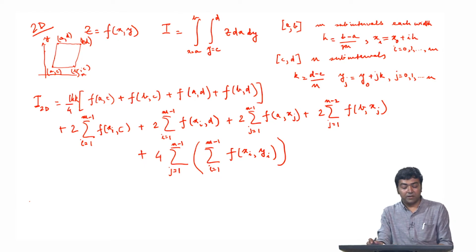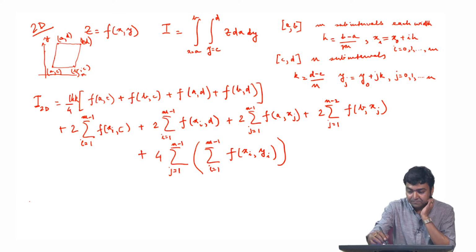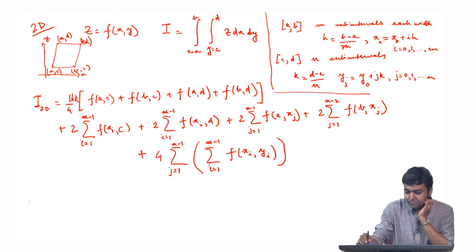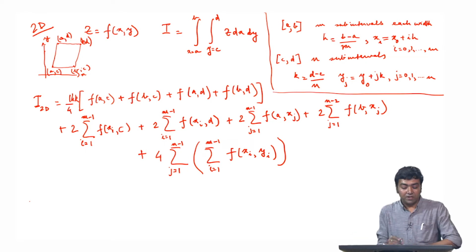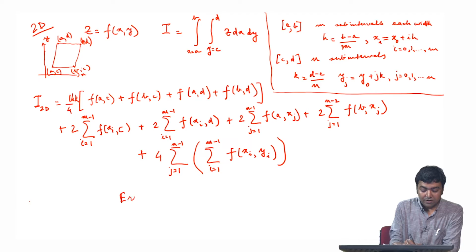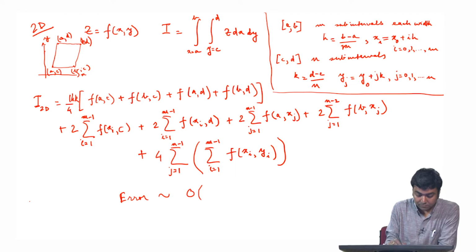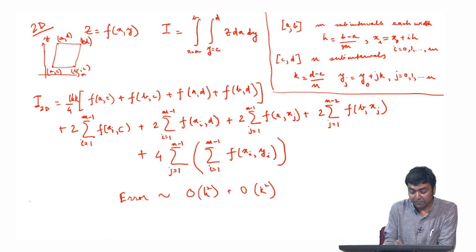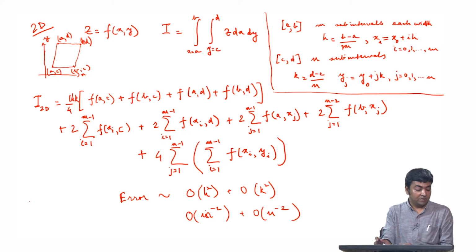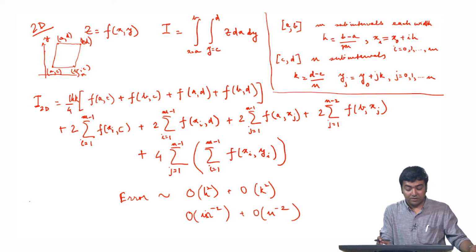So, this is my expression for the integral. In this case also, the error typically scales as of the order of h squared plus of the order of k squared, or in other words, you can think of the order of n to the power minus 2 plus of the order of n to the power minus 2. So, this is how the error is scaling.